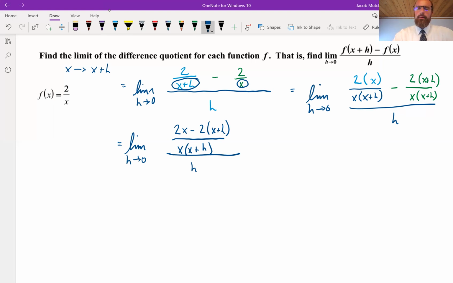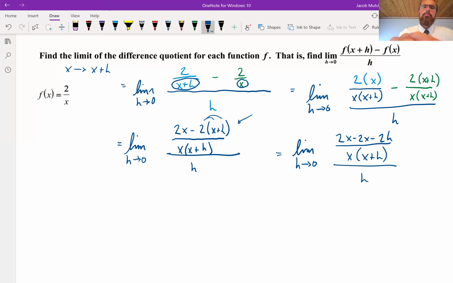For my next step, I want to simplify this numerator, see if I can cancel some stuff. So my next limit expression is the limit as h approaches 0 of 2x minus 2x minus 2h, if I distribute that minus 2 through the parentheses, over x times x plus h, over h.